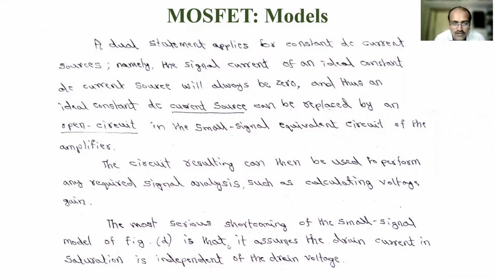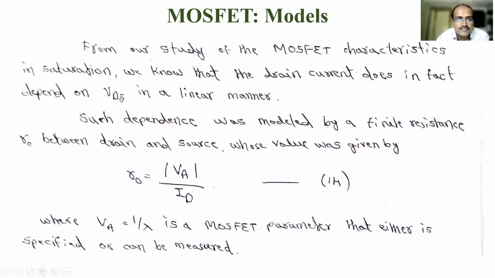So to overcome this shortcoming, what will we do? From the study of the MOSFET characteristics in saturation, we know that the drain current does in fact depend on VDS in a linear manner. The previous model, figure D, has a shortcoming: it is not considering the VDS. To consider that, such a dependence was modeled by a finite resistance r0.